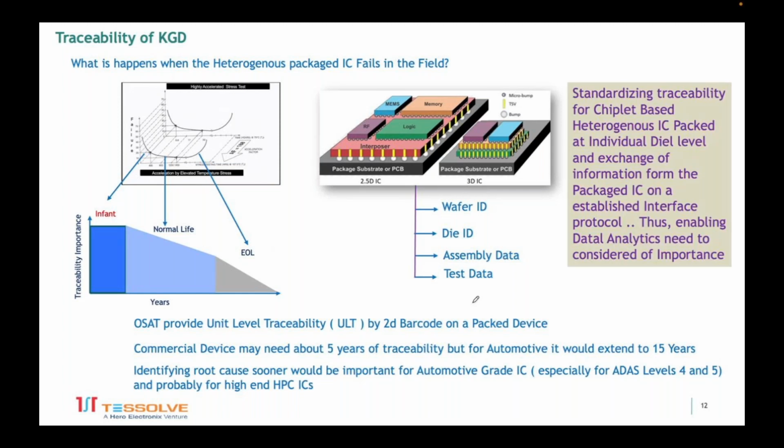So there may be a need at this point in time to look at embedding the traceability into a small memory, if the area can permit it. Some of these IDs come as a 2D code and can be put into some kind of flash memory where it can be read when required. And for the reading, you don't need very high speed. Even a SPI bus can carry that information.